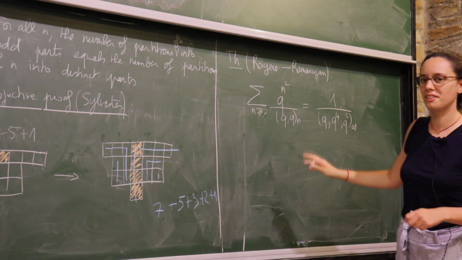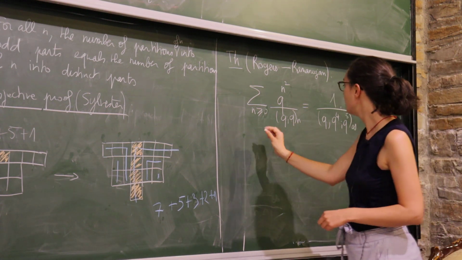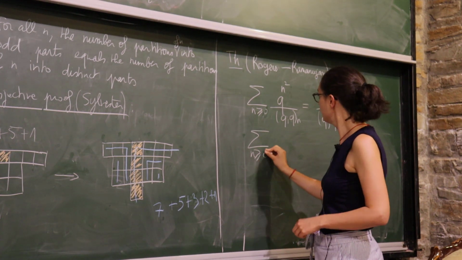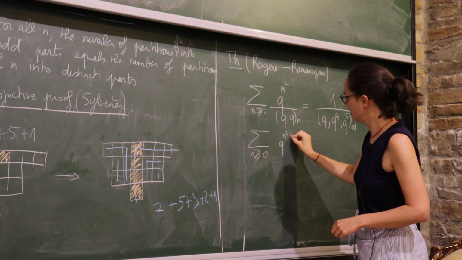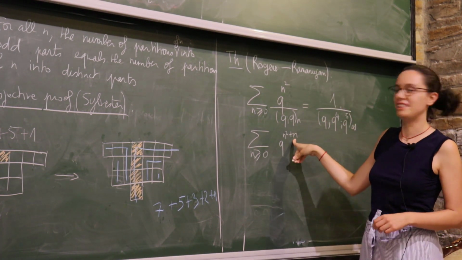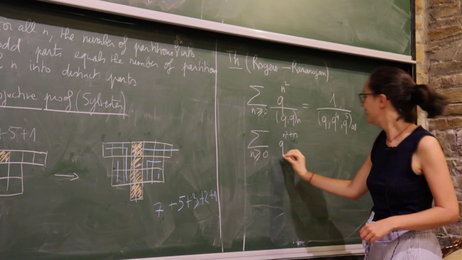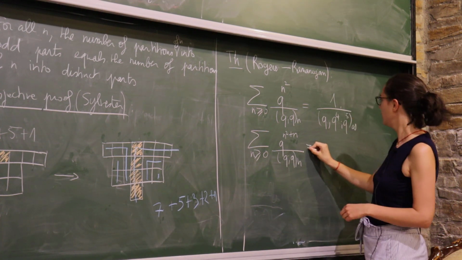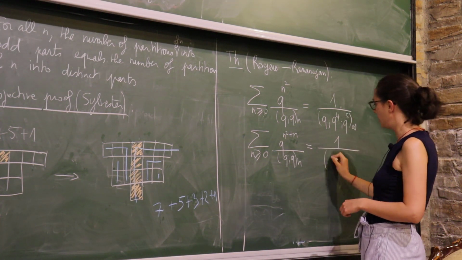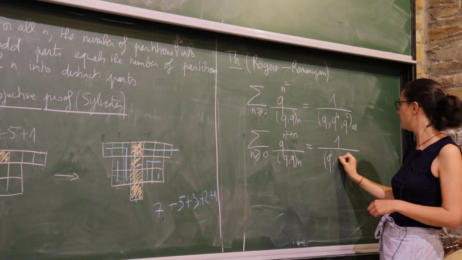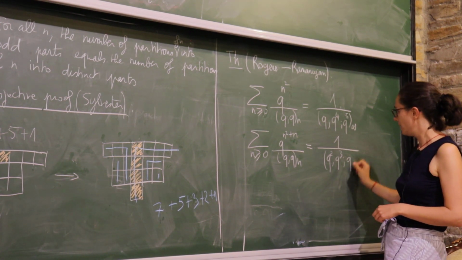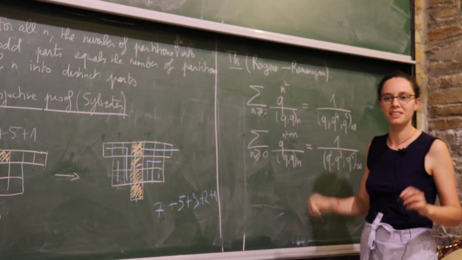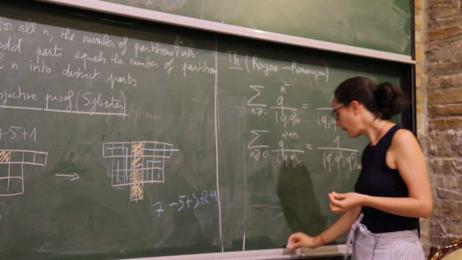Okay, so this is the first Rogers-Ramanujan identity, and there is a second one very, very similar to it. On the left, the only difference is that you have a plus n here, and on the bottom you have still (q;q)_n, and on the right it will still be some congruence class modulo 5, but instead of 1 and 4, it's 2 and 3 here. Okay, so both are quite similar.